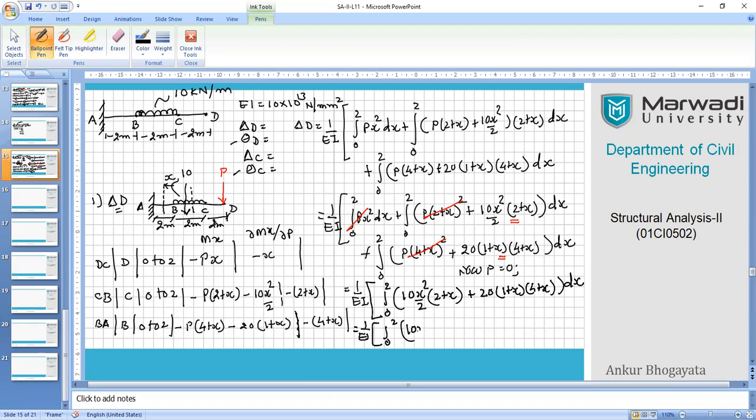So 10 x square plus 10x cube upon 2 plus, first we'll multiply, we'll keep 20 still outside this, 1 into 4 that is 4, 1 into x that is x, plus x into 4 that is 4x plus x square, right? And then later on you can multiply 20 simply with this term.